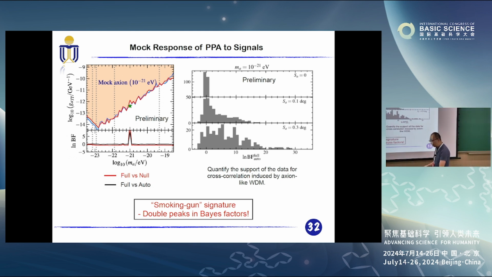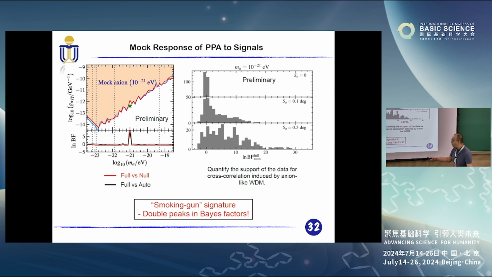In addition to that, we also analyze the Bayes factor for the full correlation signal model against the autocorrelation-only signal model. The reason is we want to make sure that the cross correlation indeed plays a role in this analysis, because the difference between these scenarios is with and without cross correlation.